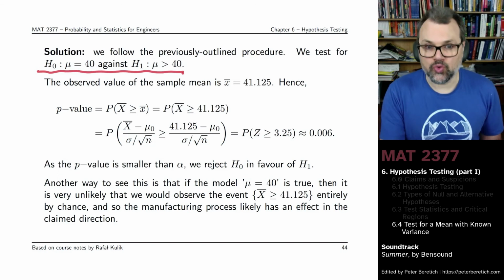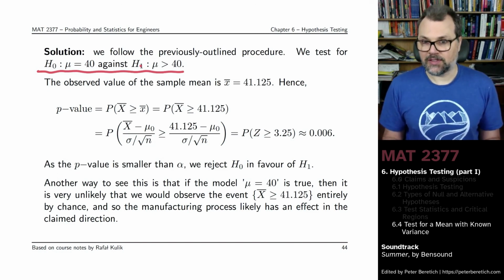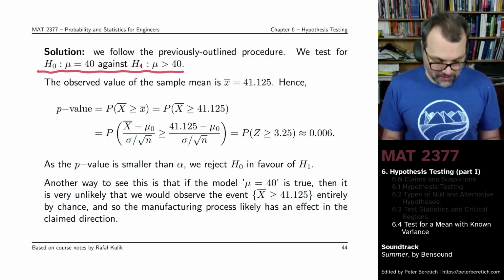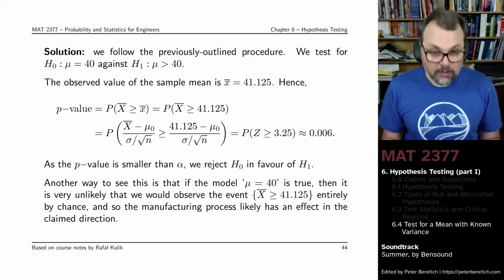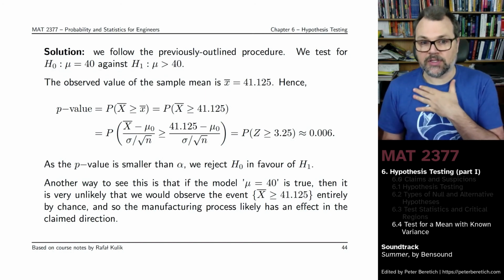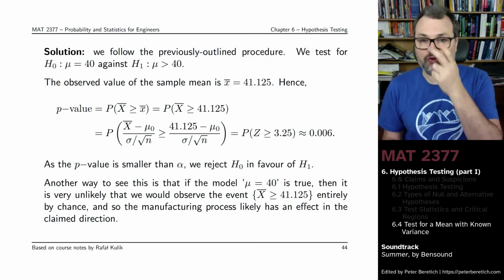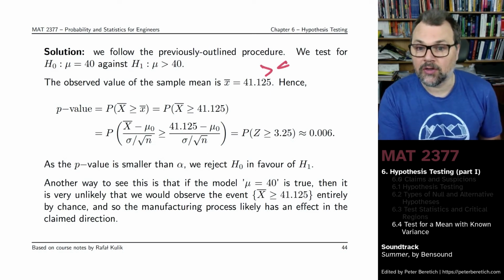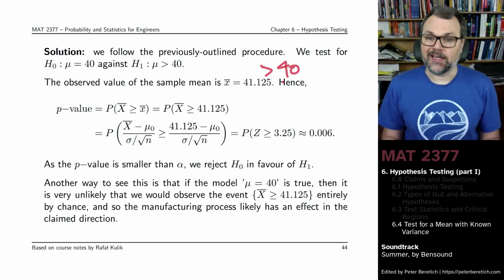We don't choose on a hypothesis after we've observed the sample. This is something we set for beforehand. Now we select our 12 components, we test them, we recorded the measurement, and we have a sample mean of 41.125. Certainly this is greater than 40. The question is it significantly greater than 40?